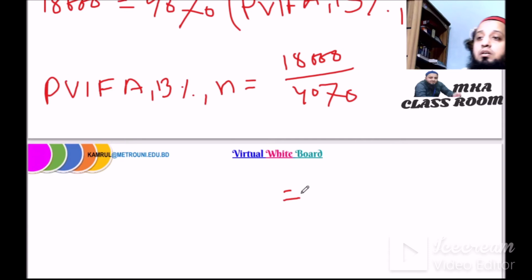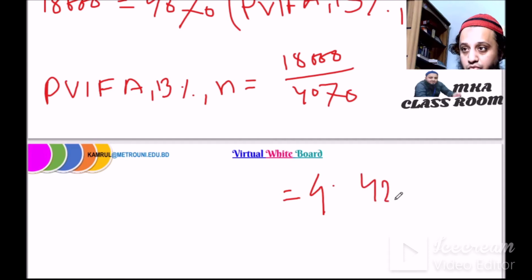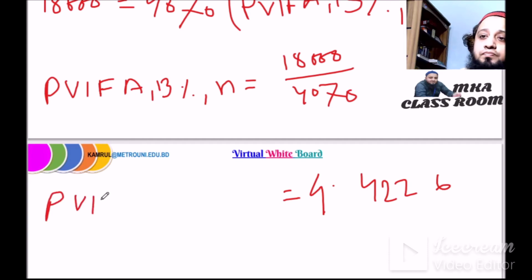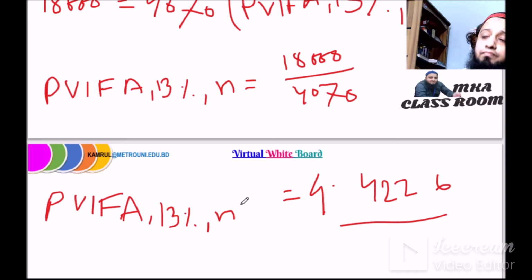Our result will be 4.4226. So, if we find our value in the present value interest factor table with the 13% rate of interest, where has this value?